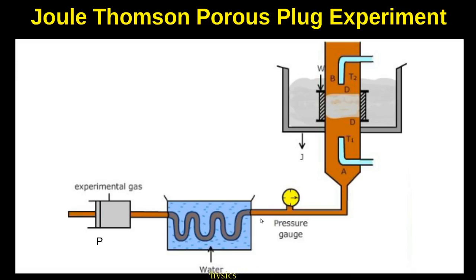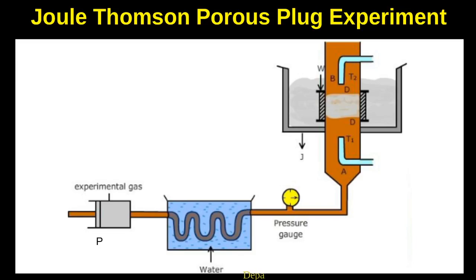If there is any heating of the gas due to the compression, this heat is absorbed by the circulating water in the water bath. And here is the pressure gauge to measure the pressure of the gas. So this is the setup of Thomson's porous plug experiment.